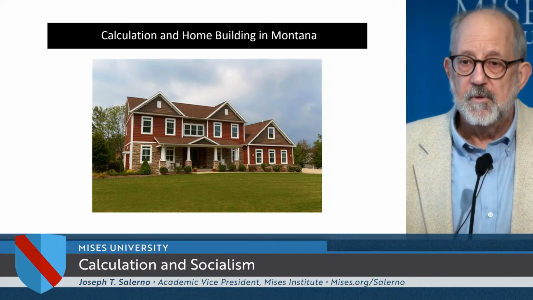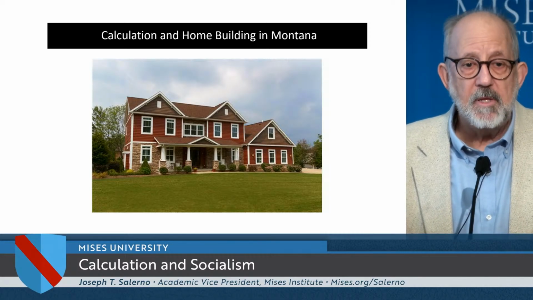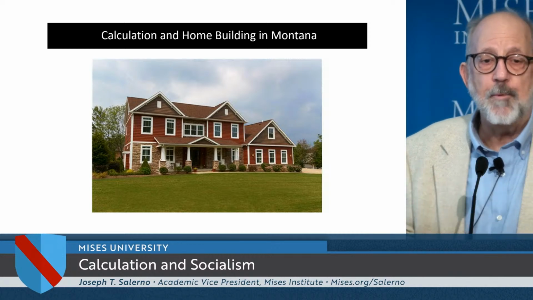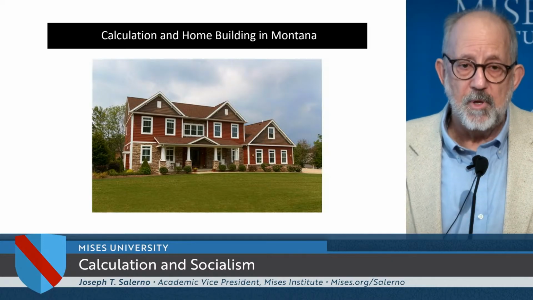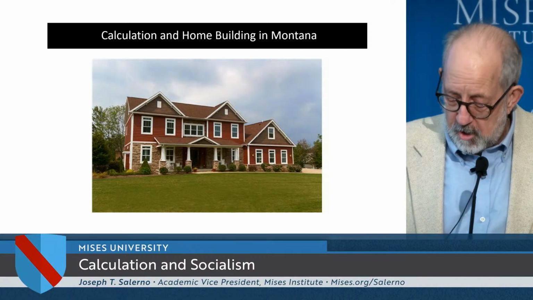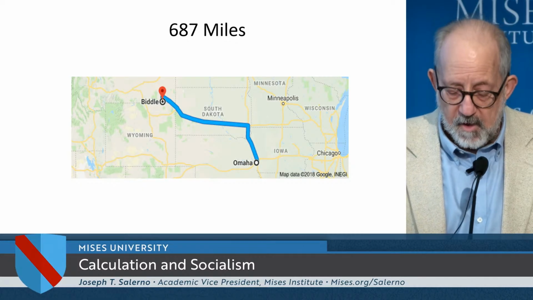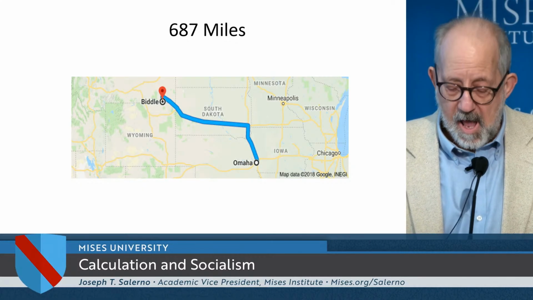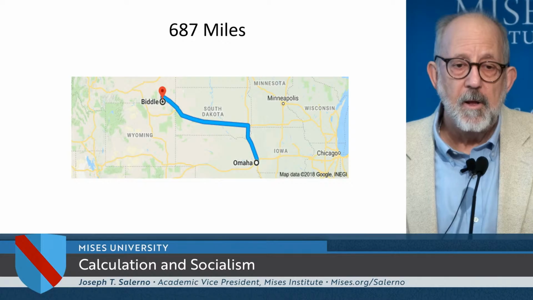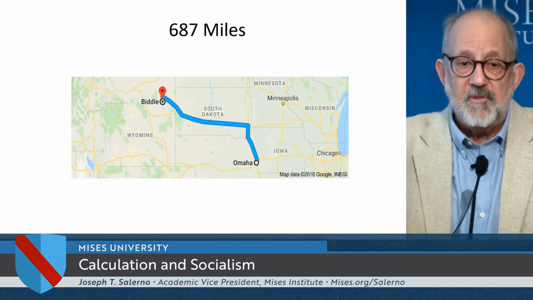Labor is very expensive, so it's better to use a technology that is capital intensive rather than labor intensive to produce a home. That home, which is not hers but is like hers, was modularly built in Omaha, 687 miles away from the site, and then shipped to Biddle, Montana, where she lives. It was put together there. It used a few laborers, but not as many as you would need on site to build a house right there.